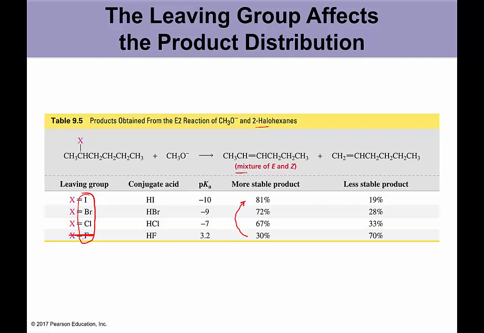So you notice fluorine is the worst leaving group, and it gives you the most unstable product. Iodide is the best leaving group, and it gives you more of the stable product.